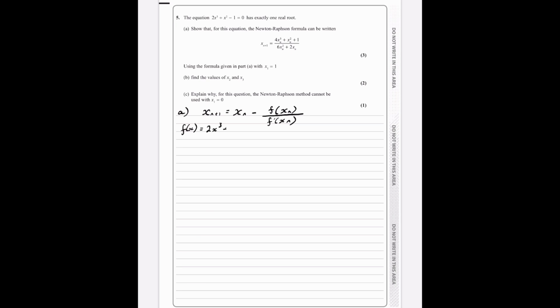So f of x in this case is going to be 2x cubed plus x squared minus 1. And I'm going to differentiate that. f dash of x is 6x squared plus 2x. So our iterative formula x n plus 1 equals x n minus, and then f of x over f dash of x.